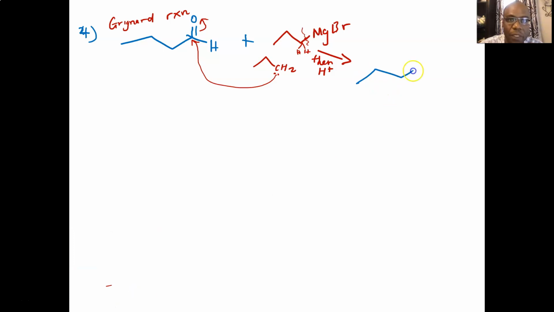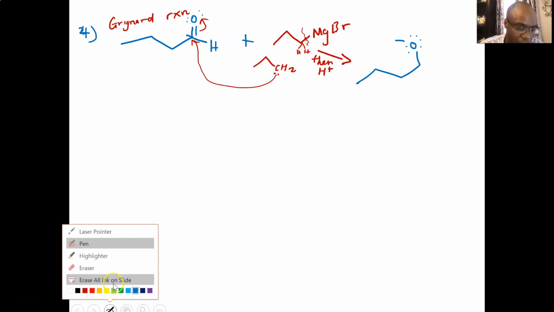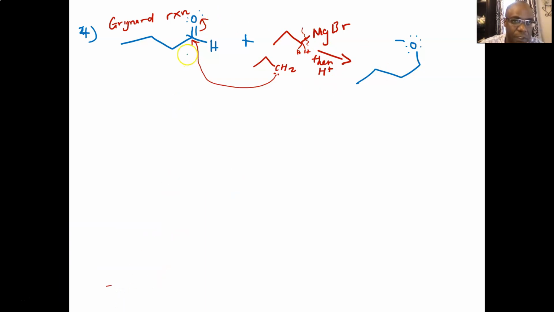So you end up with O minus, because now you have 3 lone pairs, and of course let me use green for this arrow. So that's the bond that was made by that arrow, and then you have 3 carbons, 1, 2, 3. So this is the CH2 that did the attack.